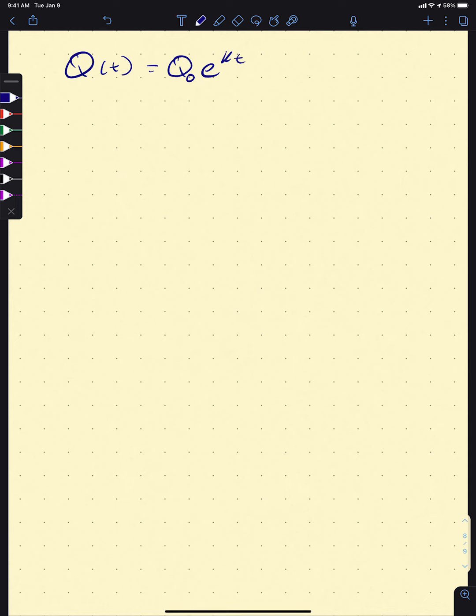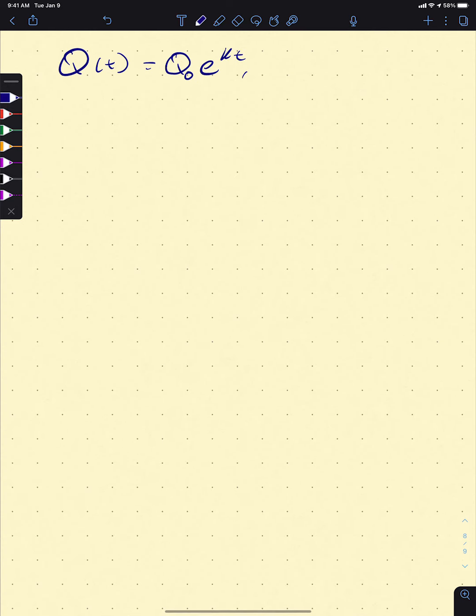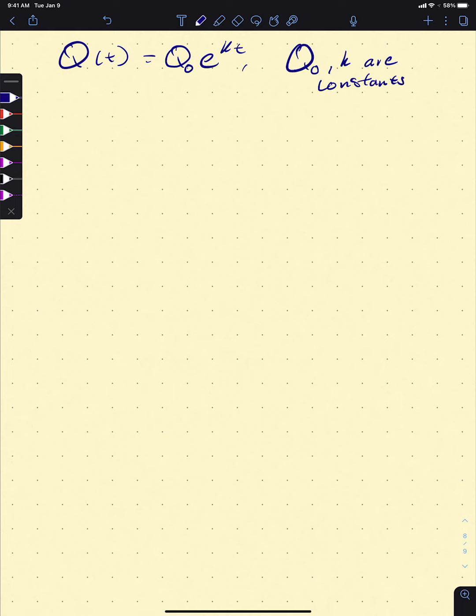Depending on the model, q might be called something different, k might be called something different, right? In this case, q0 and k are constants that describe your situation. This one in particular models exponential growth, but all throughout different disciplines, you'll see functions just like this.